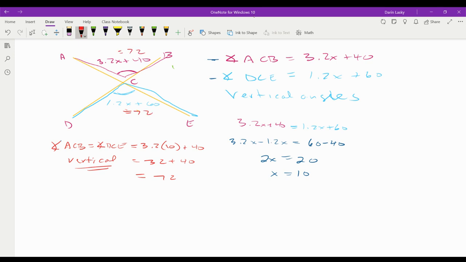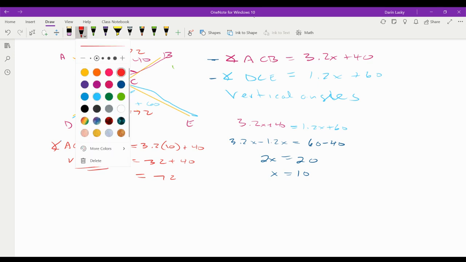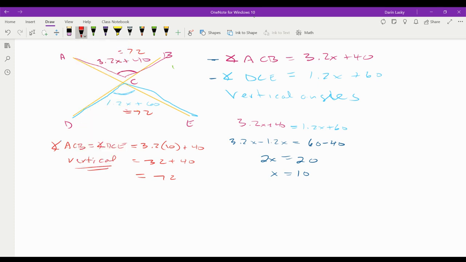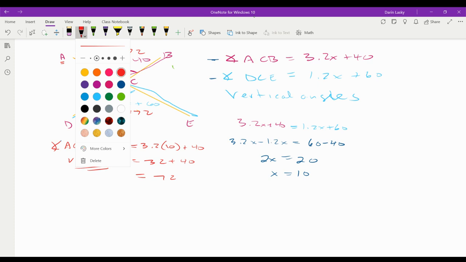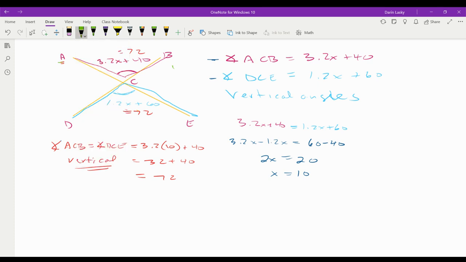So now it's like, well, how do I find the other two angles? Well, let's write them out here first. We'll do them in green. Angle ACD is equal to angle BCE because they're across from each other.